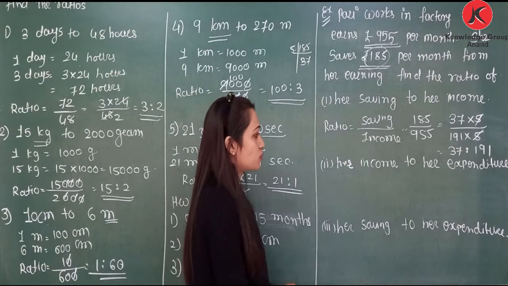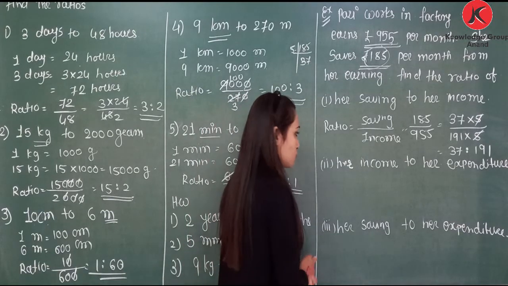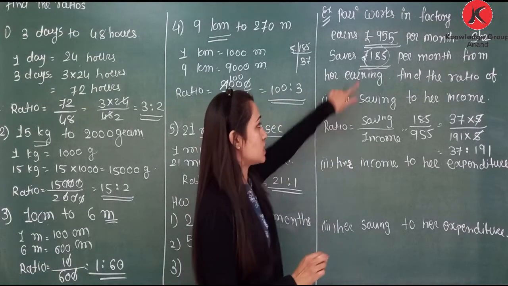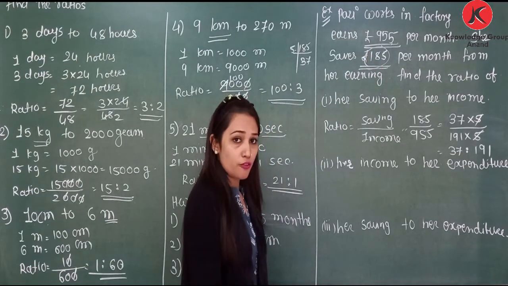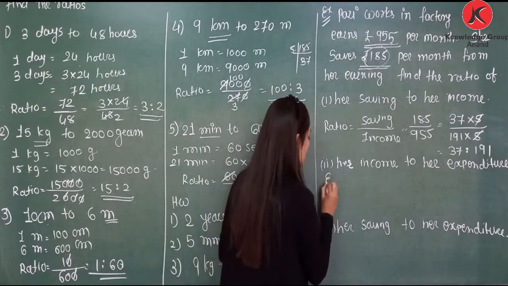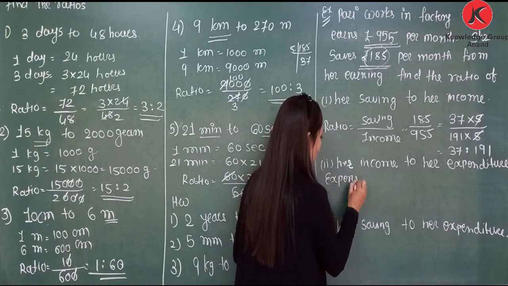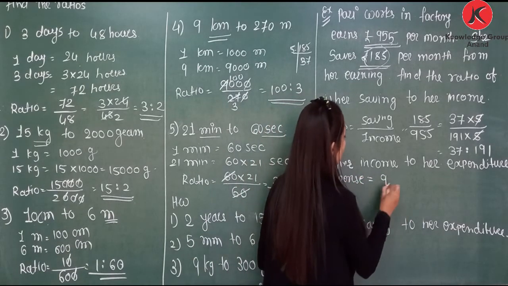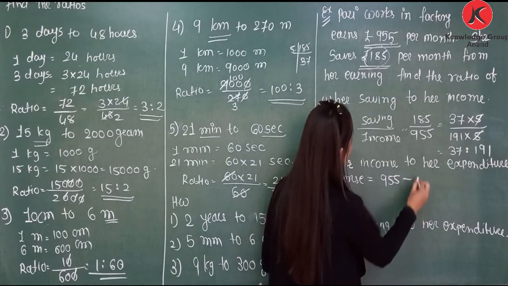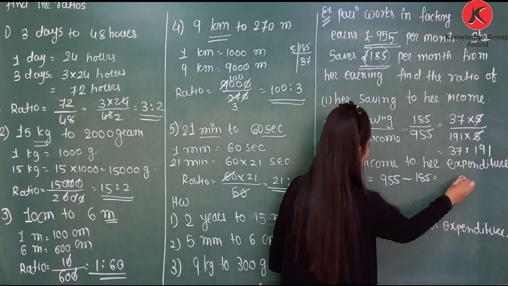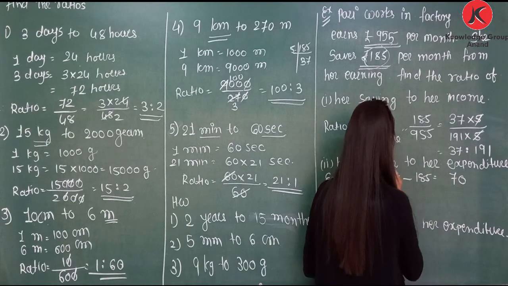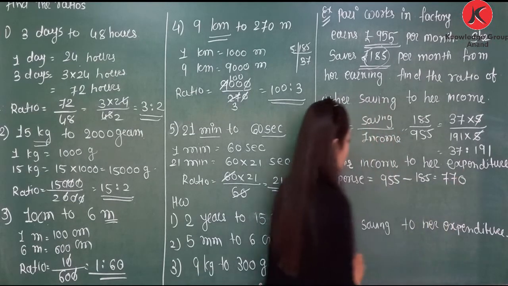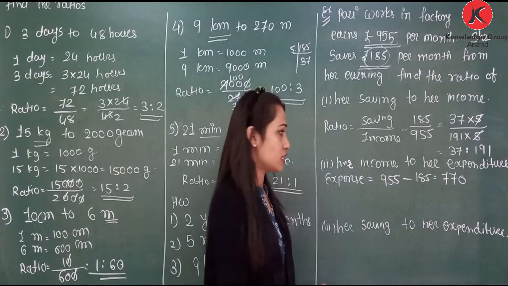Now the ratio of her income to her expenditure. So what is the expense? Here the saving is 185 and the income is 955. So we need to find the expense. Expense is 955 minus 185, that is 770. That is the expense.